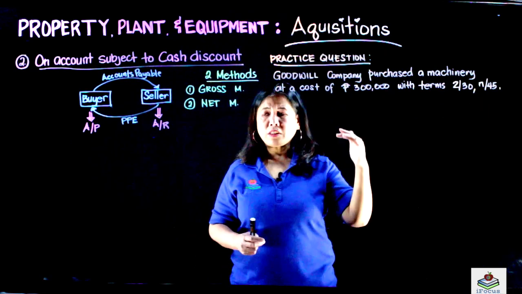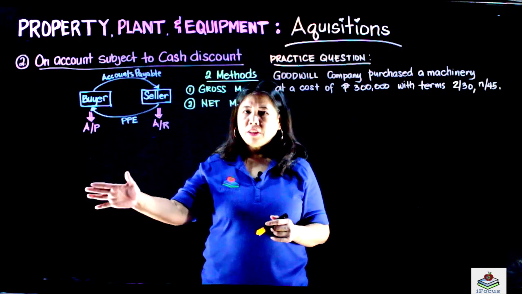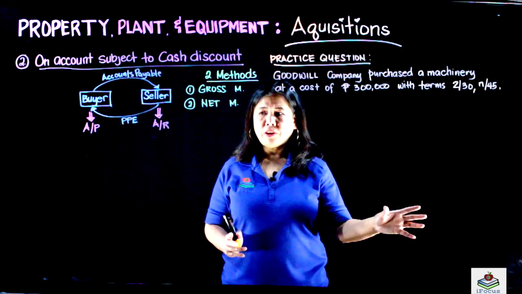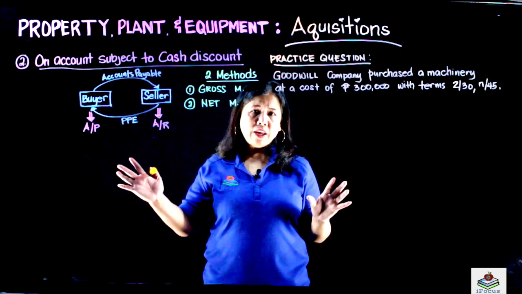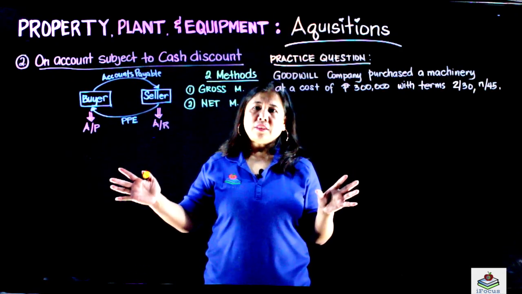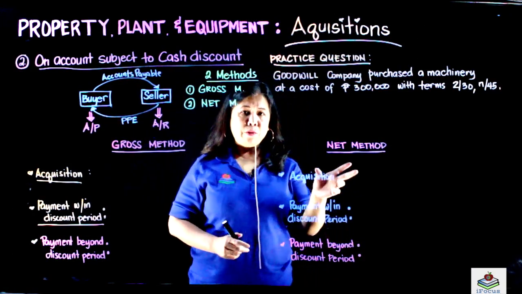Ito po ang ating practice question at isusulat ko dito ang ating gross method and the net method side by side para makikita natin ang mga journal entries na gagawin natin with regards to this transaction. So, ito ang ating gross method and net method.